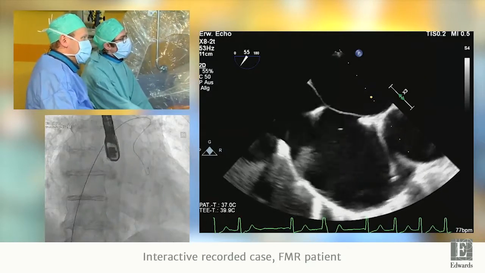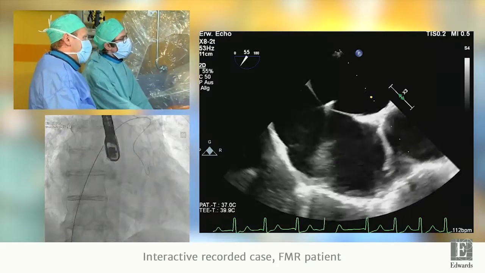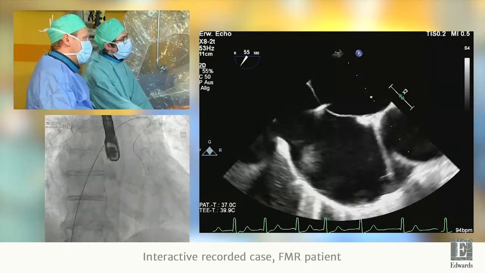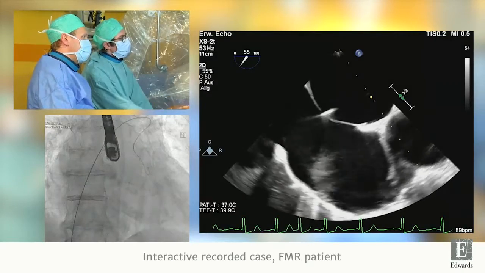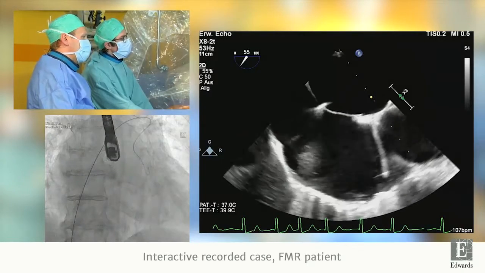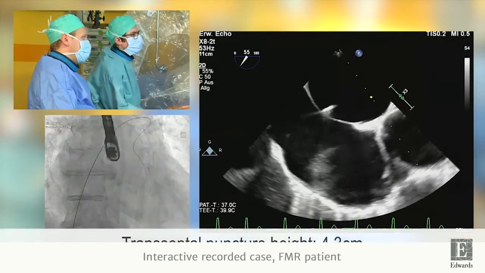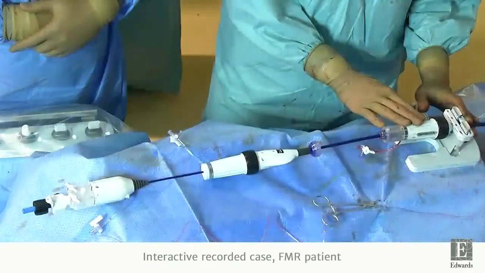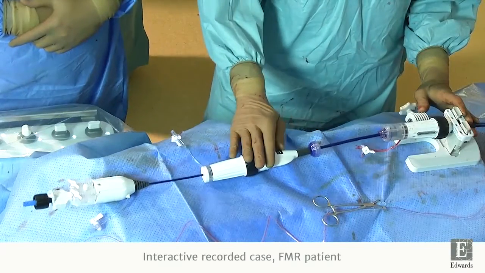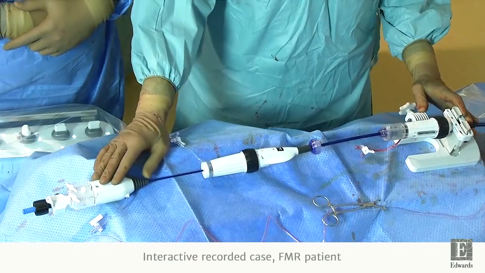The procedure, as always, when we treat mitral regurgitation, starts off with a transseptal puncture. This is pretty much similar to what you're used to from other techniques and devices. You aim for a posterior position, and in terms of height between 4 to 4.5 centimeters.